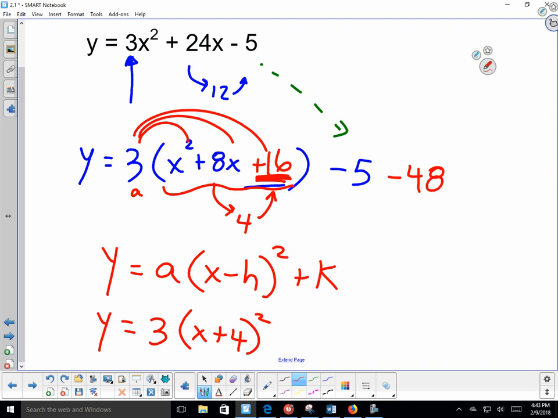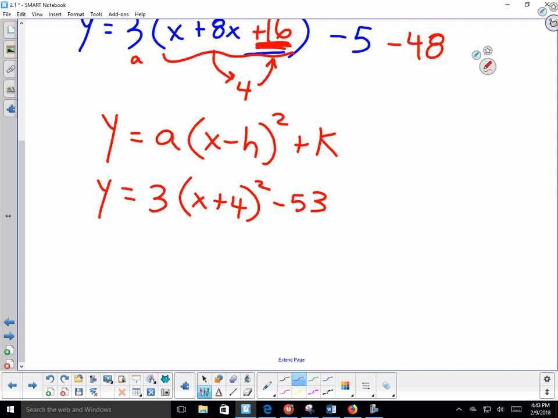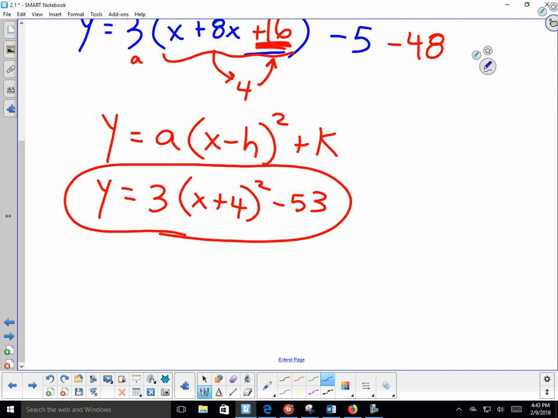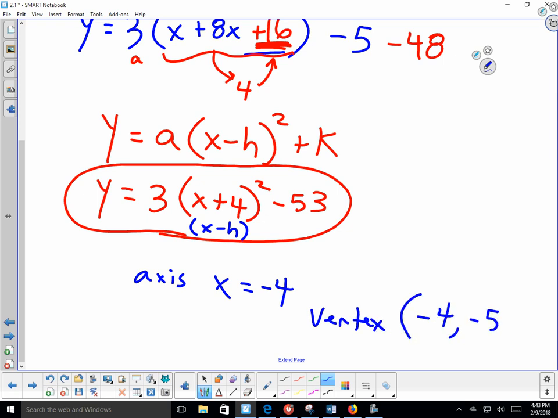And then minus 5 minus 48 is going to be a minus 53. So that's going to be my equation in standard form. Once you see this, you could identify the axis of symmetry. That's going to be x equals, remember this is like x minus h here, so the h must be negative 4. And the vertex would be negative 4 comma negative 53.